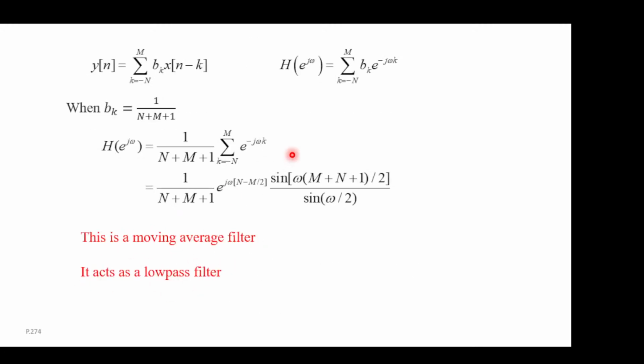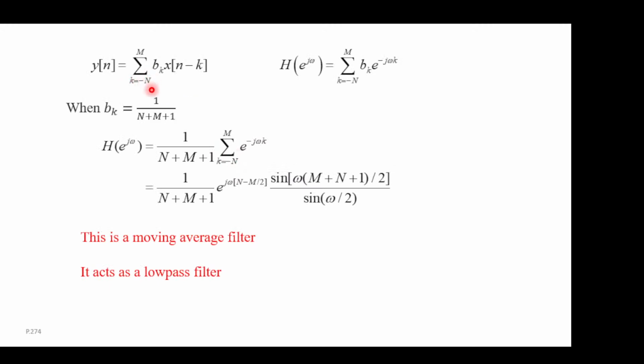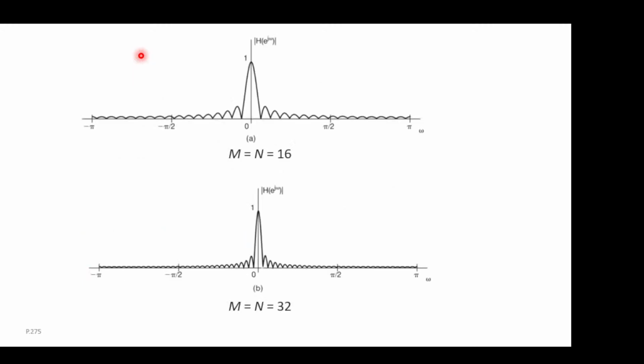And if you plot this, then we find out that if you average things, it will act like a low pass filter. So you plot your h with different m and n, where big N is the lower bound of your averaging and m is the upper bound. You see that when n and m get larger, this is getting narrower and narrower, and it looks like a low pass filter.